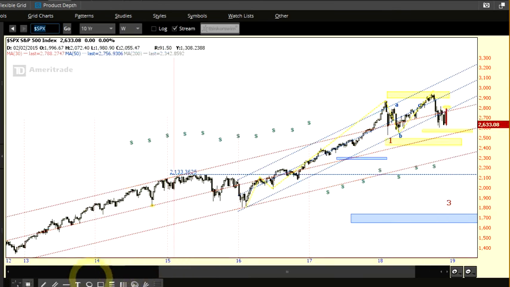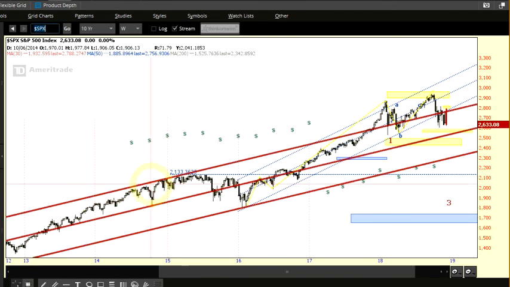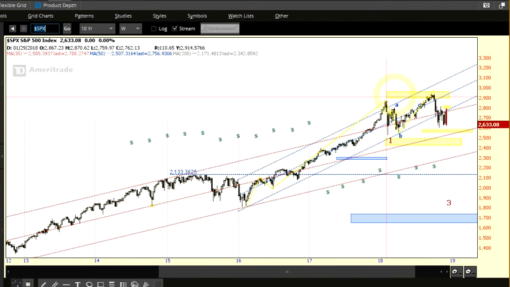Let's just say from where it is right now to this blue box, that's about 35% loss. So who wants that, right? So just be aware of this principle.